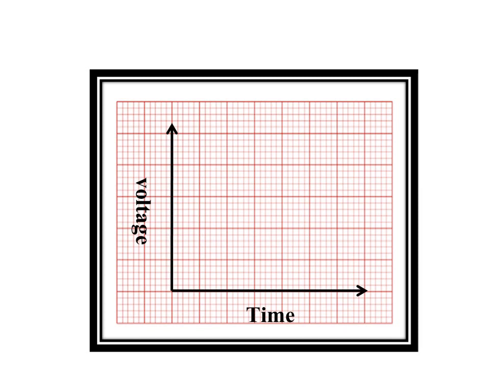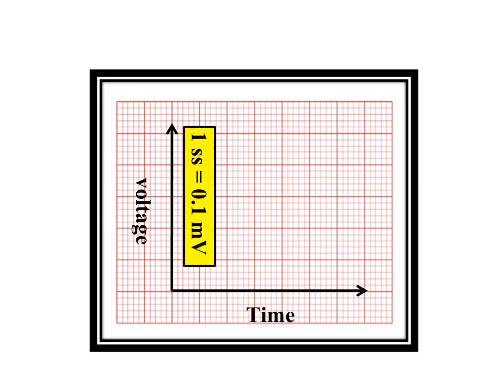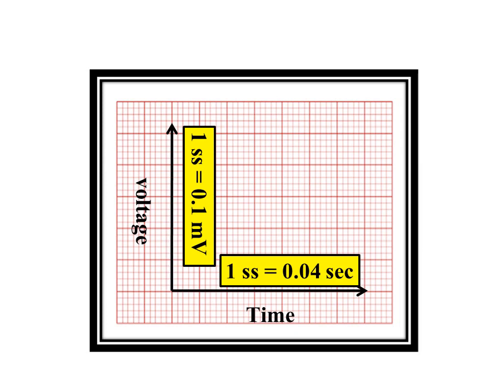خذينا التايم خذينا الفولتج وقلنا ال 1 small square equal to 0.1 millivolt بينما ال 1 small square in the horizontal line represent time and it's equal to 0.04 second. So we must know these two values.